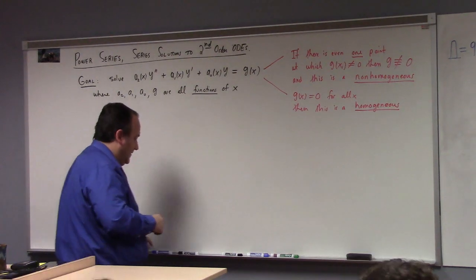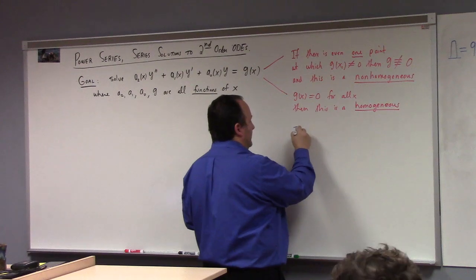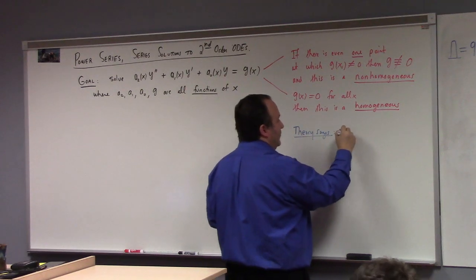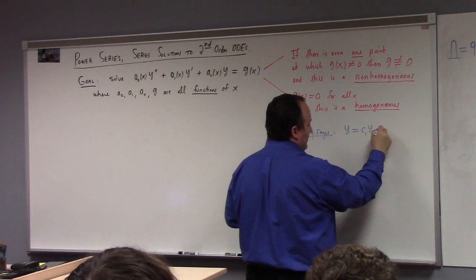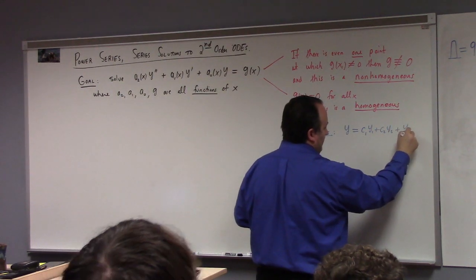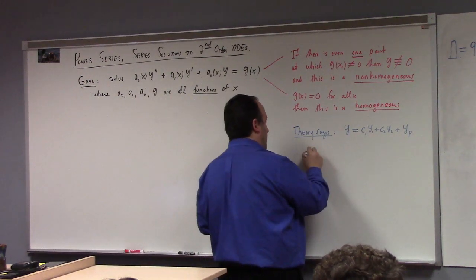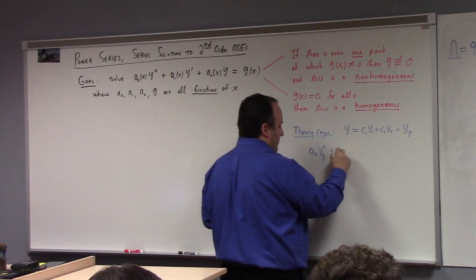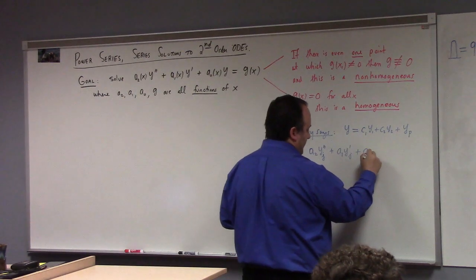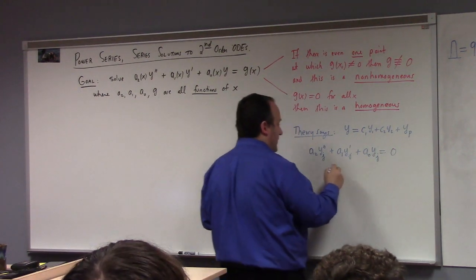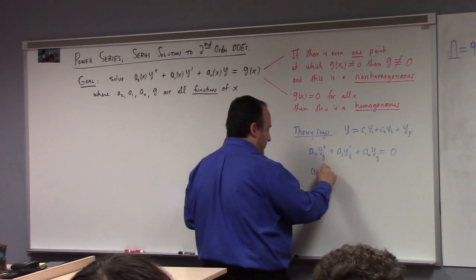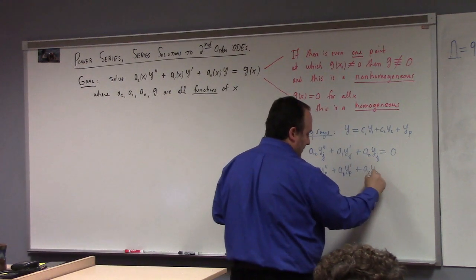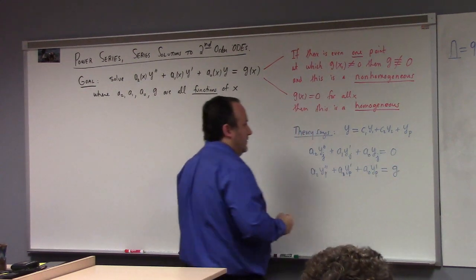Now, the good news is that the theory says that y will be equal to c1 y1 plus c2 y2 plus yp, where a2 y_j prime prime plus a1 y_j prime plus a0 y_j equals 0, for j equals 1 and 2, and on the flip side, a2 yp prime prime plus a1 yp prime plus a0 yp equals g.